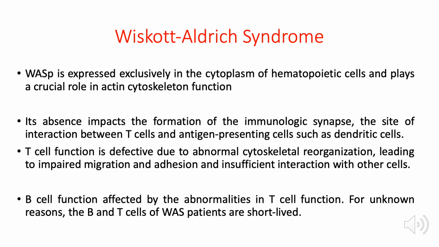The B cell function is affected because there is the failure to activate the T cell. And take note of this, for an unknown reason, the T cells and B cells of individuals with Wiskott-Aldrich syndrome are short-lived. Thus, this is really an example of a primary immunodeficiency disorder that is involving both B cells and T cells.